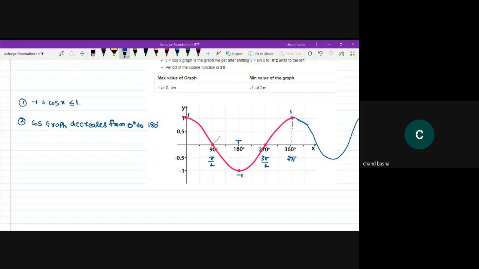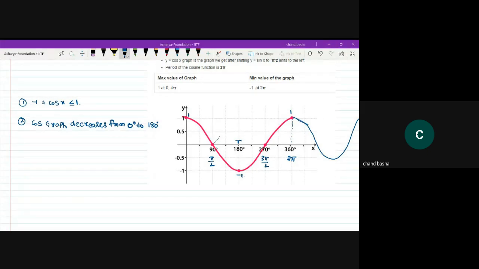You can understand if I'm taking both the sine and cos together in a single graph. If I'm taking them together, you can understand what is meant by the sine graph, what is meant by the cos graph, and how it is working. Let's see the difference between the sine and cos graphs.